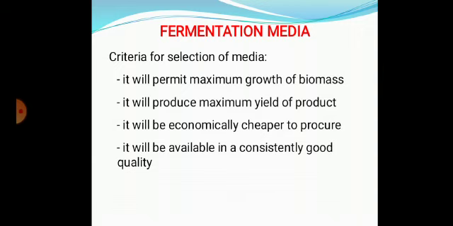It should have all good properties for industrial production. We will be using 50,000 liters of media, so media should have some quality to tell that this media is really good for fermentation. All this information about criteria for selection of media we will study in the next class.